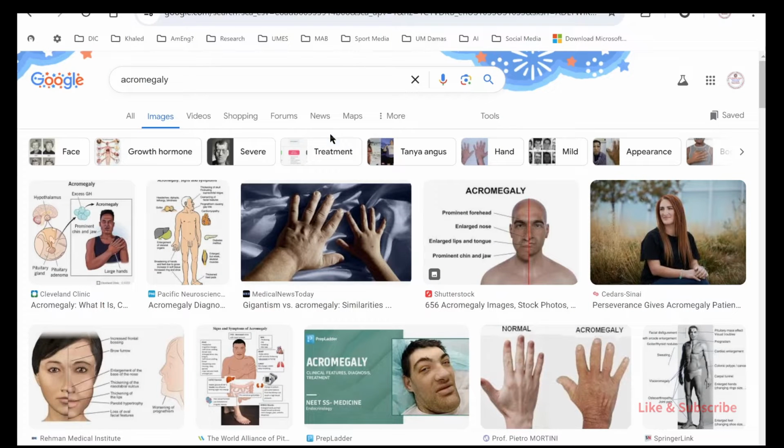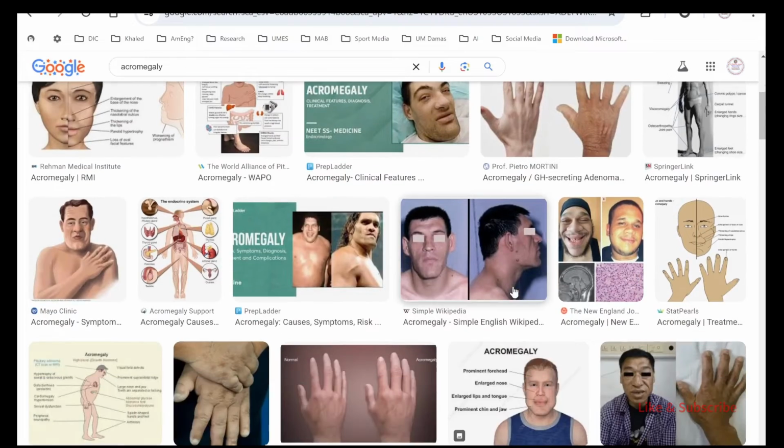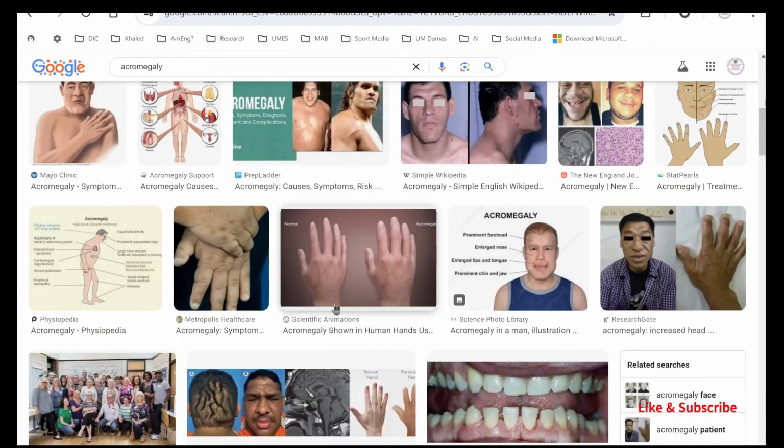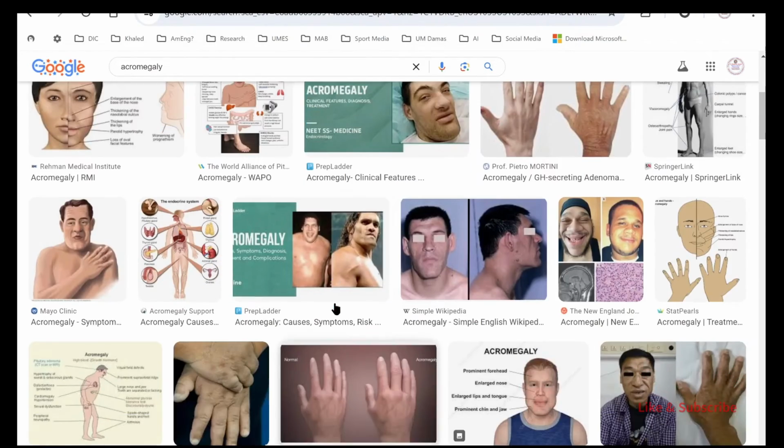In Google images, if you type acromegaly and look at what comes up, they compare the children with gigantism, and you can see the hands of a normal child before, and this is after the child is affected by the increased level of growth hormone.